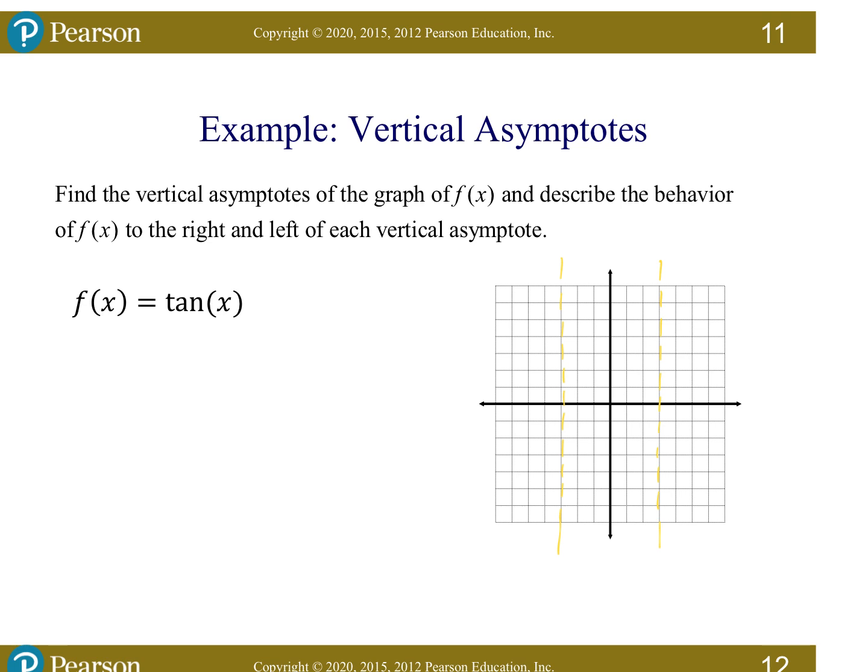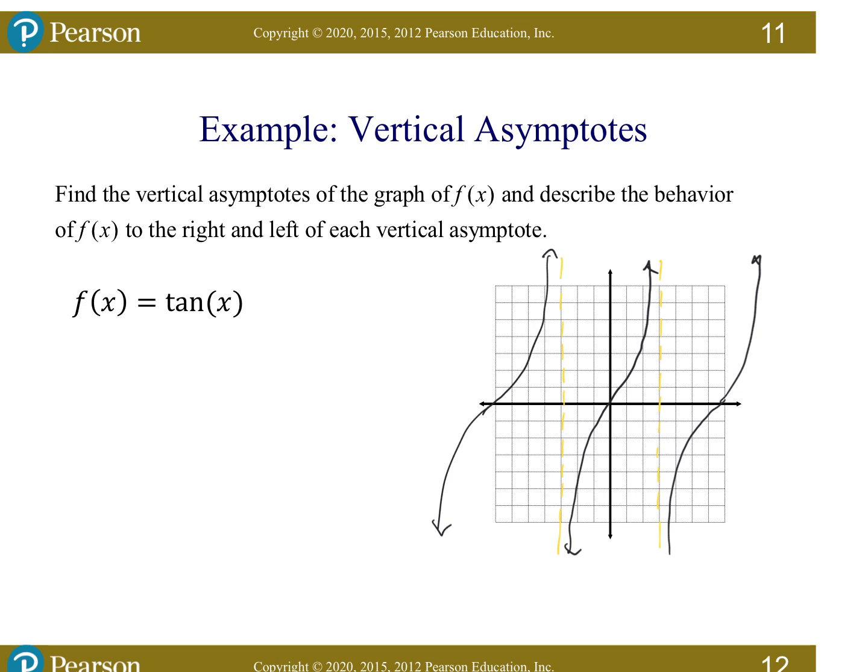And then I've got my graph I know comes through the origin and looks like this. And then there will be another asymptote on the right, and there will be another asymptote on the left. What happens consistently on the left side of every asymptote?